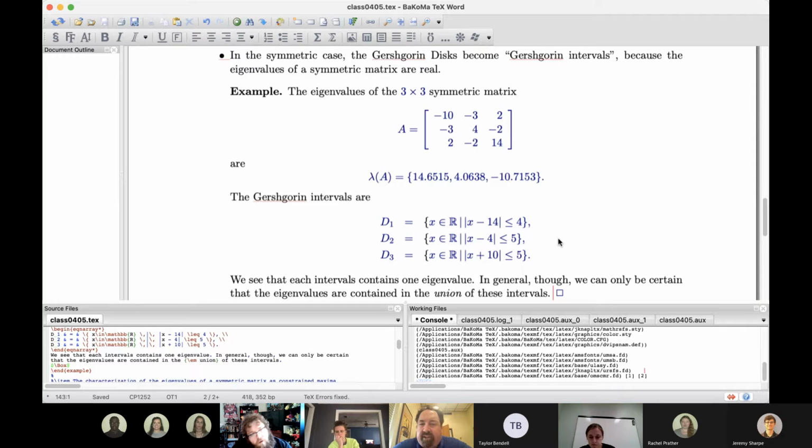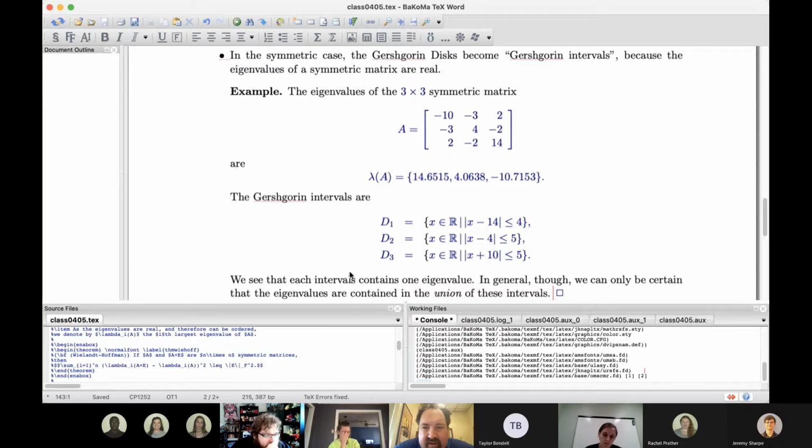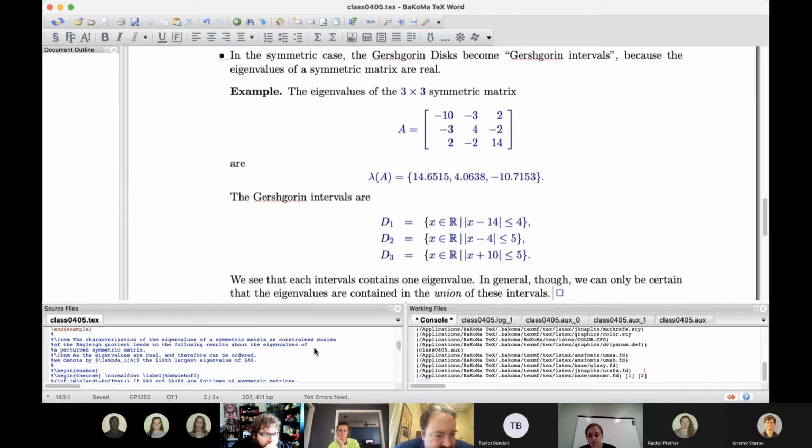So the union of these intervals holds all the eigenvalues. Now, in this particular case, we happen to get one eigenvalue per interval, but that does not necessarily happen in general. In this case, the eigenvalues happen to be fairly close to the diagonal entries.